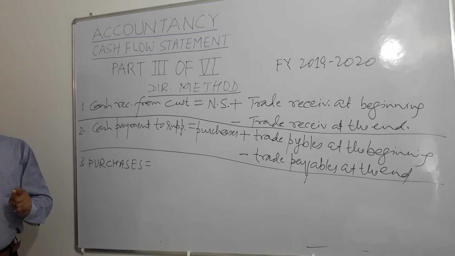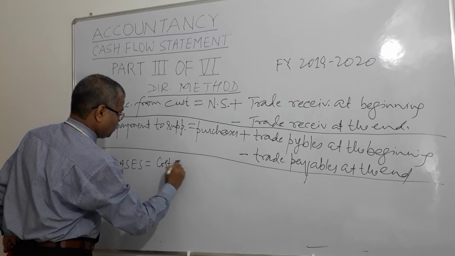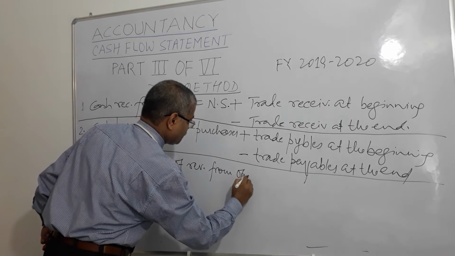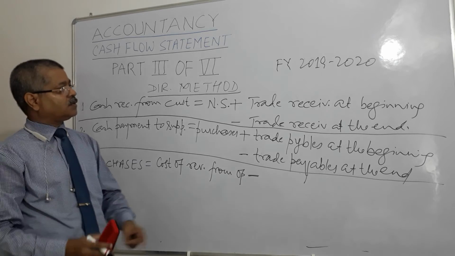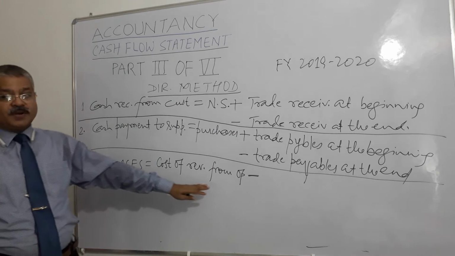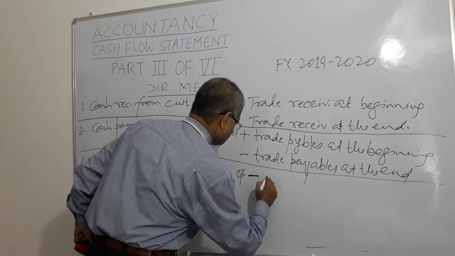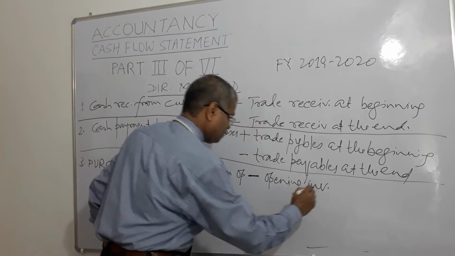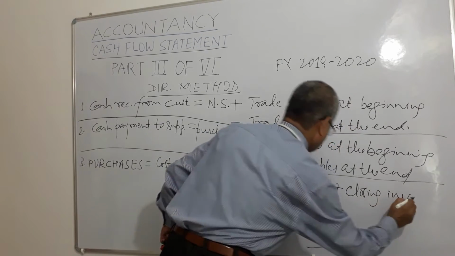So purchases is equal to cost of revenue from operations minus opening inventory, whatever we got as on 1/4/2019, plus closing inventory, right?